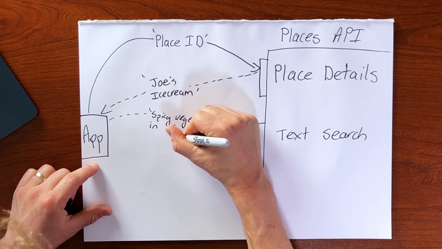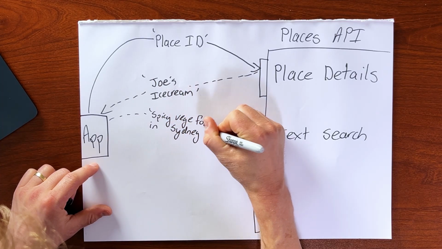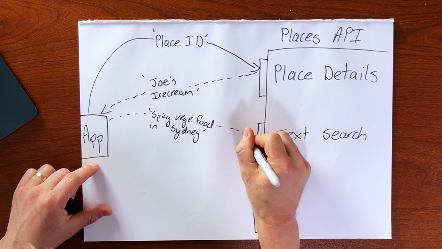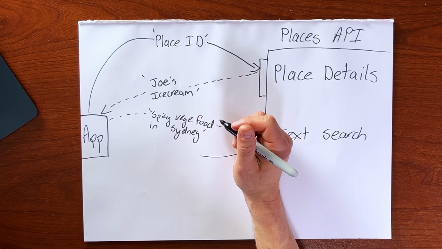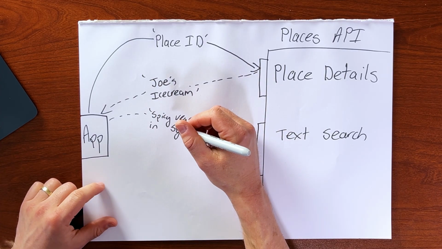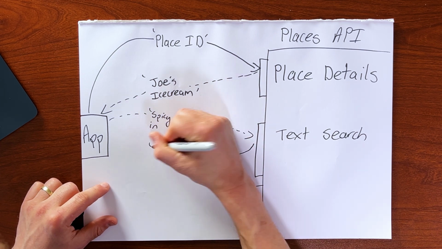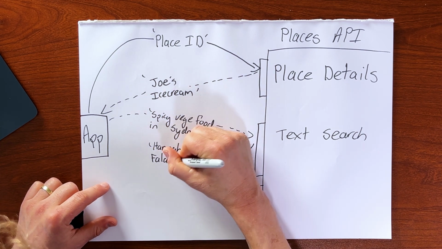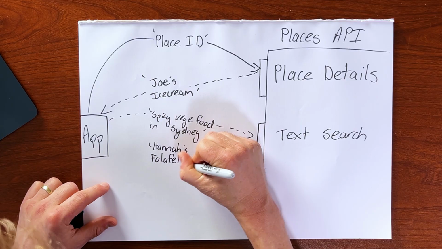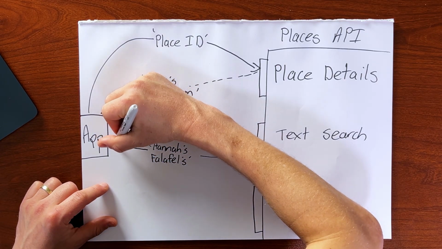So, you know, spicy vegetarian food in Sydney. That would make up our request. And presumably then what the Places API would do is it would take that information, do some processing, search through its database, and return as a response a few potential establishments. I don't know, Hannah's Falafels, for example. Don't ask me to do the branding for your new vegetarian restaurant, okay? It's not my strong suit.